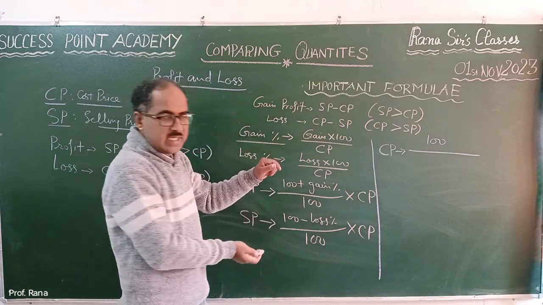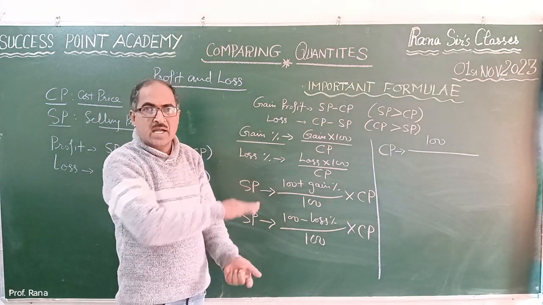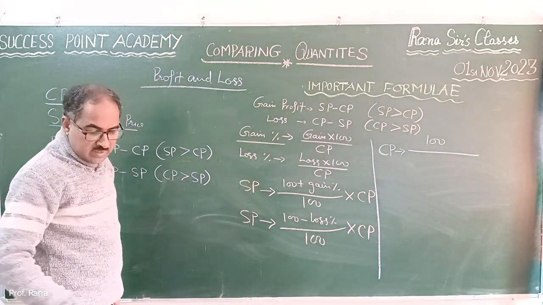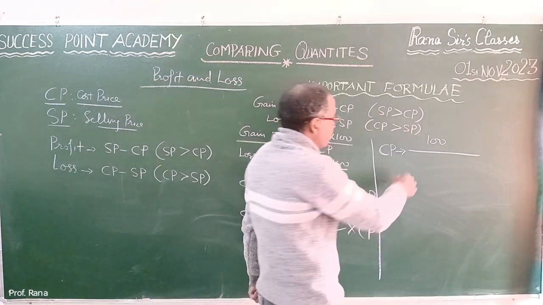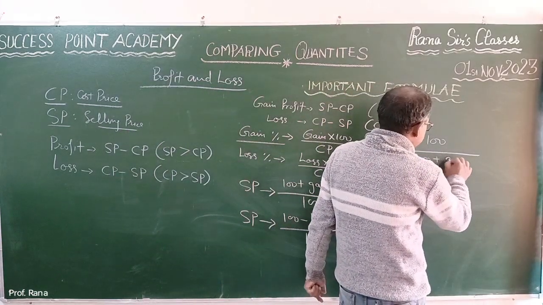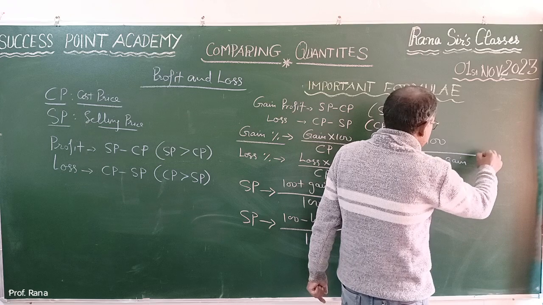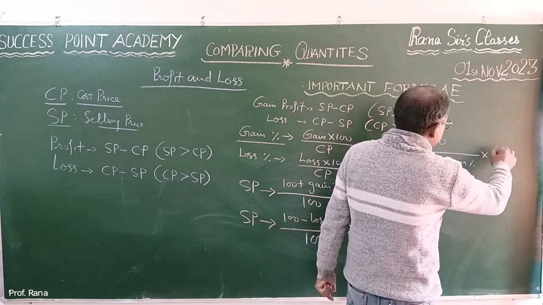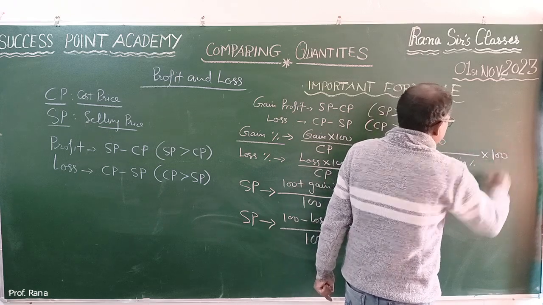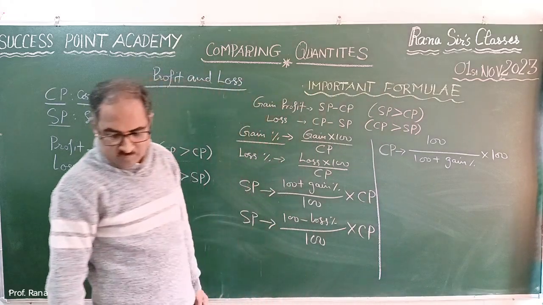Now the formula is reversed. 100 upon 100 plus gain percentage into 100.